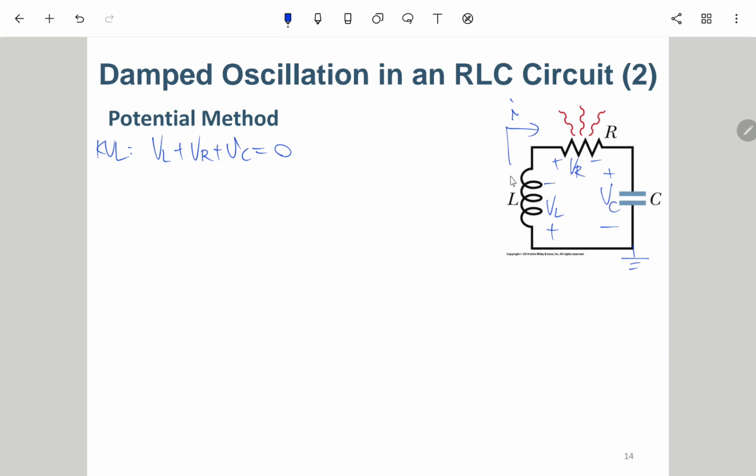Here VL is actually L dI/dt. And for the resistor, it is nothing but Ohm's law, V equals IR, and I write it as R times I. I try to put the unknown function at the back.